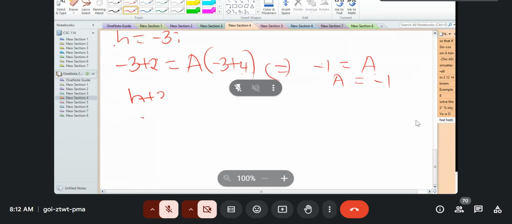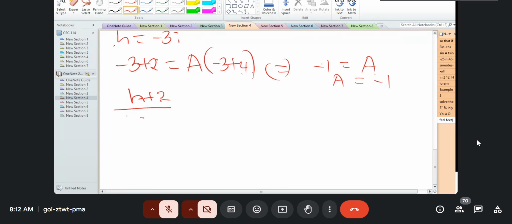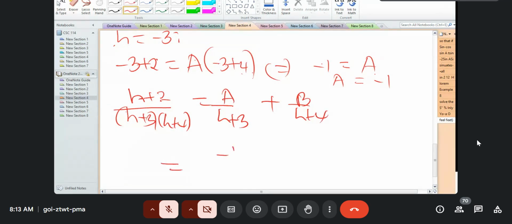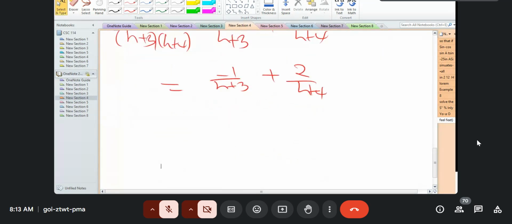So we have h plus 2 over h plus 3, h plus 4, which was equal to A over h plus 3 plus B over h plus 4, will be the same thing as A is -1 over h plus 3 plus our B is 2 over h plus 4. Remember, I advised you yesterday, you can always start with a positive fraction. So we start with 2 over h plus 4 minus 1 over h plus 3.